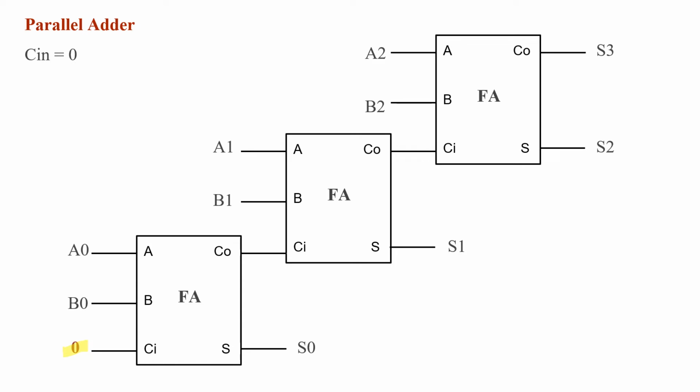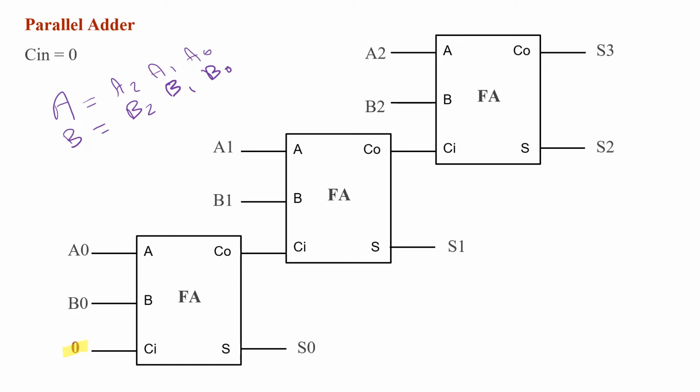So we have number A, which consists of 3 bits. We have A2 as the most significant bit, and then A1, and finally A0. The second binary number we're adding also consists of 3 bits, and it's variable B. And we can write B as a 3-bit binary number by putting first B2 as the most significant bit, and then B1, and finally B0.